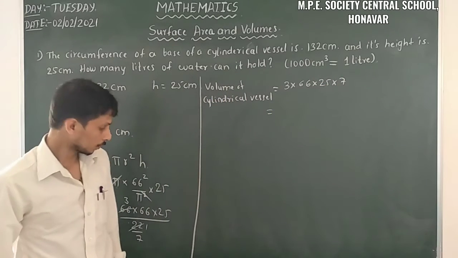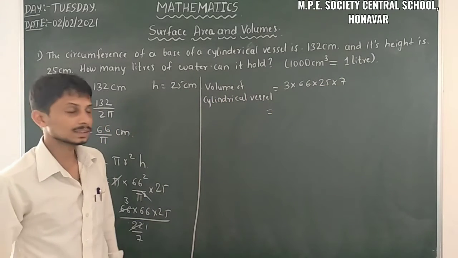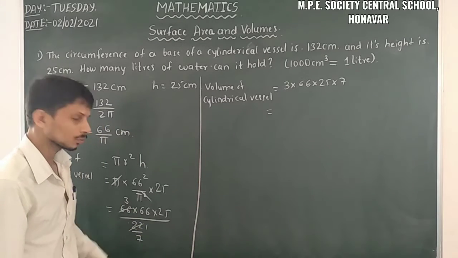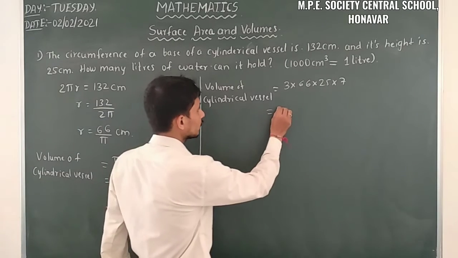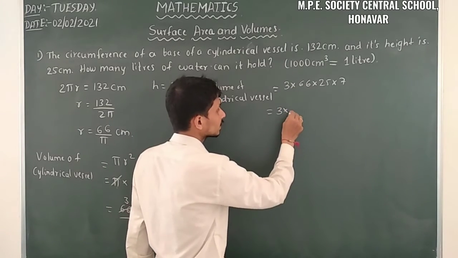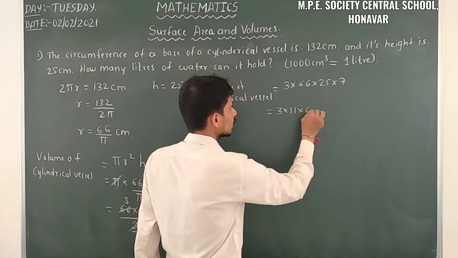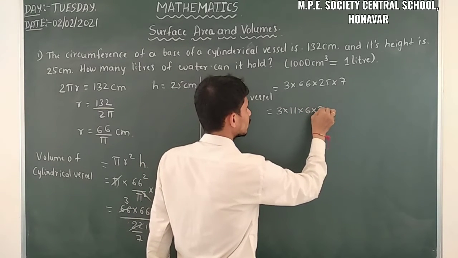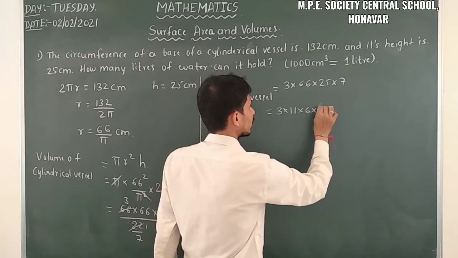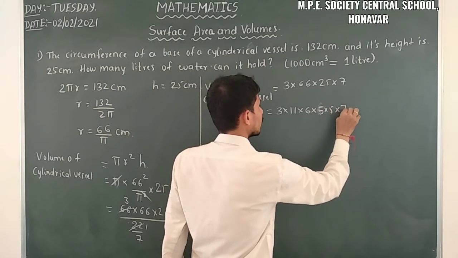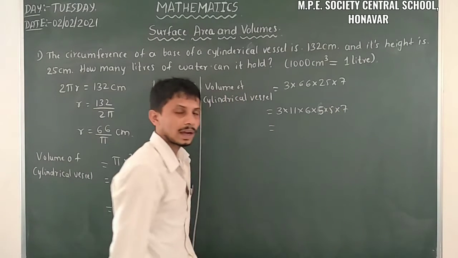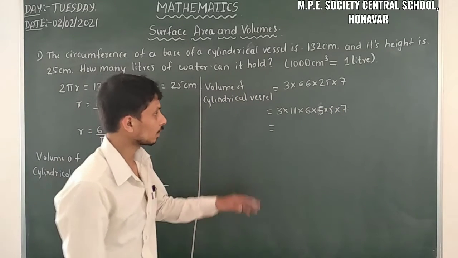That one we can again simplify. By simplification we can do such things. Here just observe, 3 we have, and I will write 66 as 11 into 6. Then here I will write 25 as 5 into 5, and here I will write 7. Then we have to multiply all those things here.